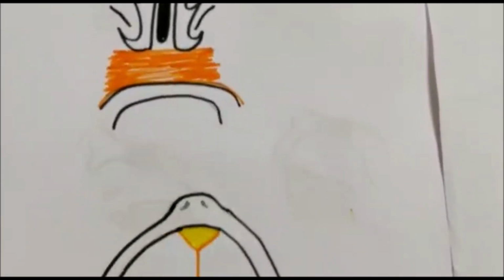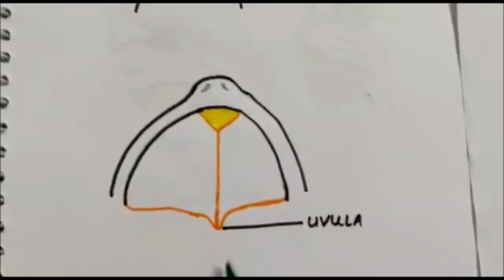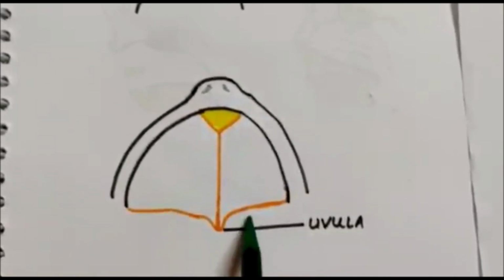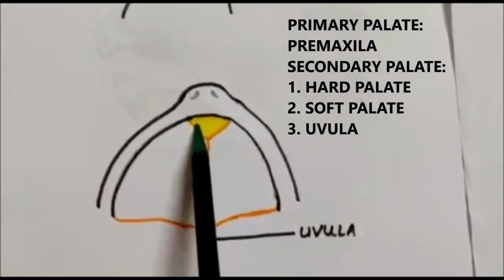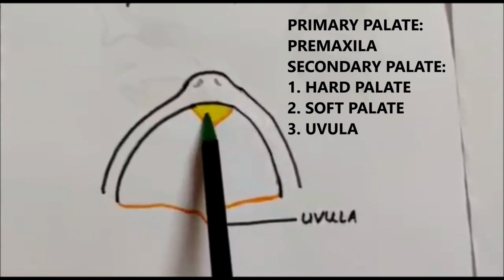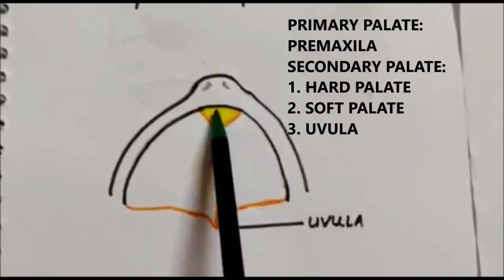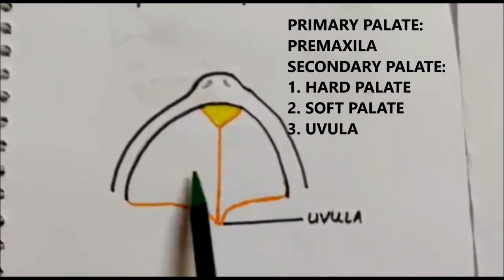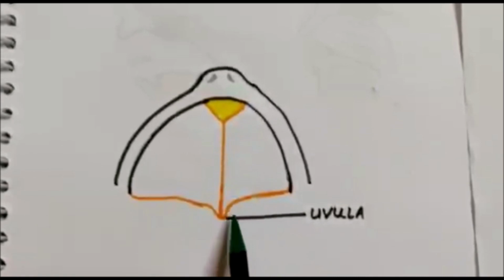This is the tongue area, and we get a picture something like this if we see from below, from the oral cavity side. So here we can see that the primary palate is forming the premaxilla, which is a small portion in adults just behind the incisors, and then the secondary palate has developed into the rest of the hard palate and the soft palate, including the uvula.